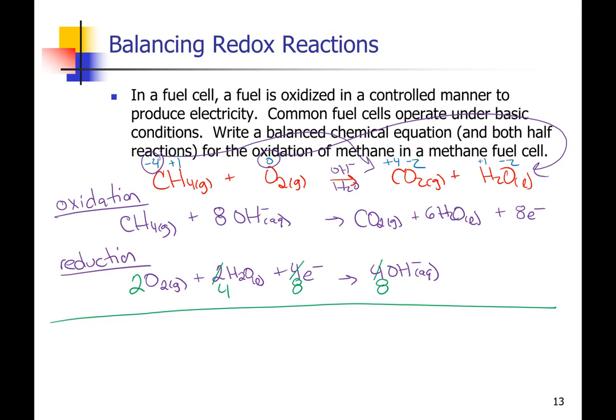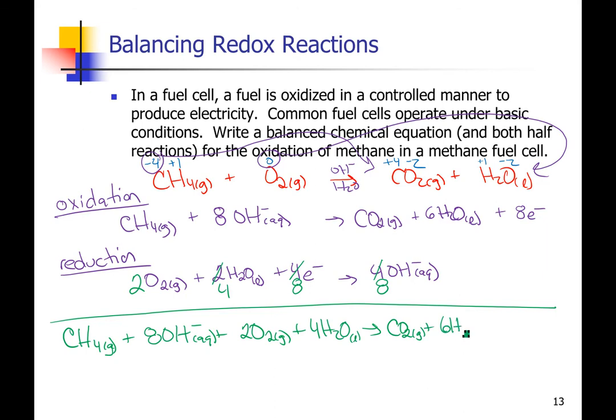And then I add everything up and I get CH4 gas and 8 hydroxides and 2 oxygen and 4 water, giving me carbon dioxide gas and 6 water and 8 hydroxides, because the 8 electrons cancel.